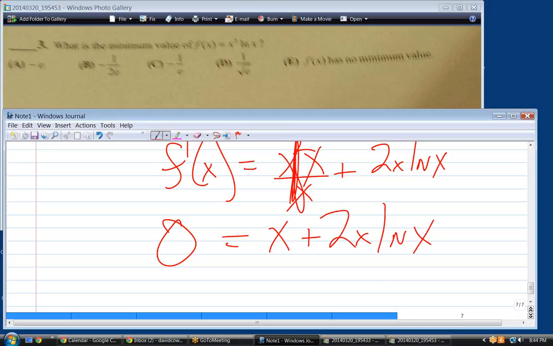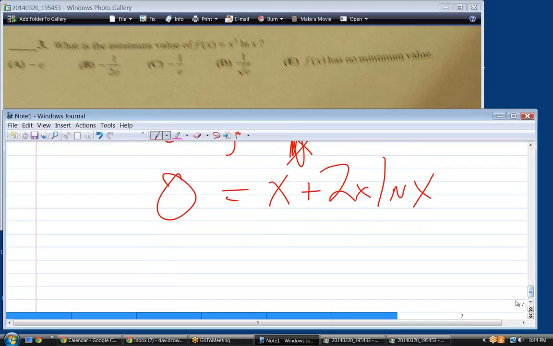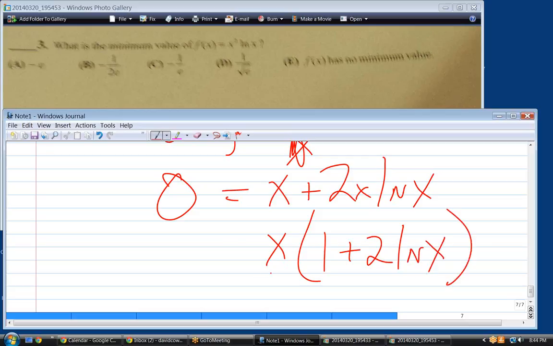How am I going to solve that? We would factor out x. Now, one of the zero points is where x is 0, and this can't be 0, ever. Yes, it can. Excuse me.